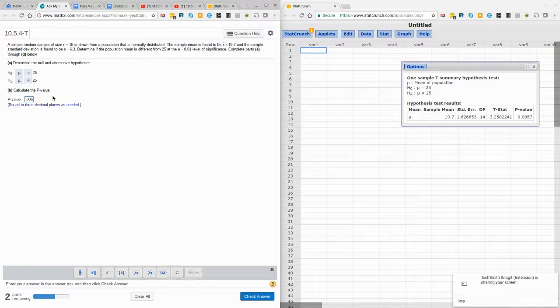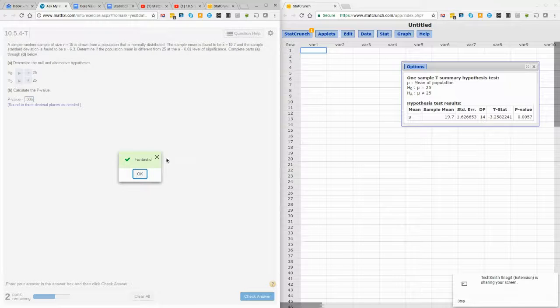Remember, that's what the p-value is: it pretends that the population mean is 25 and says, if that's so, what's the probability of drawing a sample that has this kind of low mean and a standard deviation of 6.3? And as you can see, there's a pretty low chance. The p-value for this is pretty low. So I hope that helps with part B.